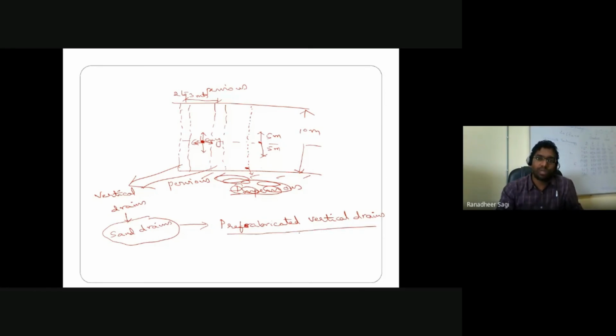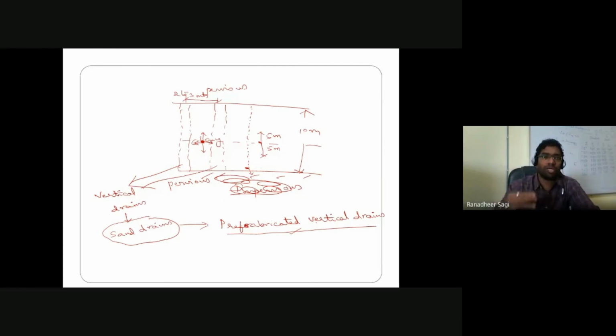These prefabricated vertical drains are mostly made of geotextile material or jute material. With time, the prefabricated vertical drains would also get mixed up with the soil existing around them, and you don't see anything like a special drain provided there.